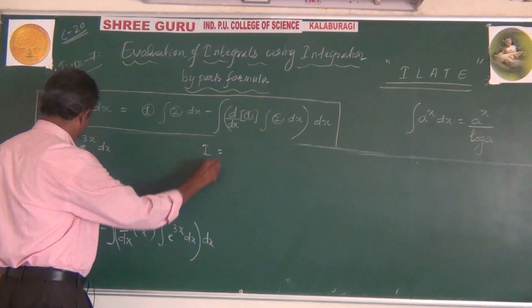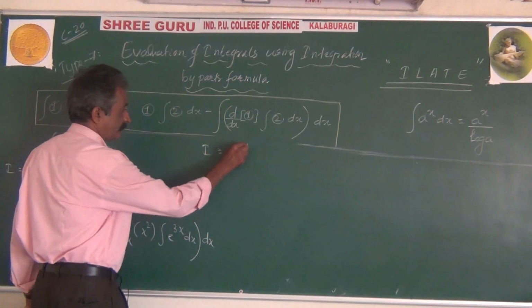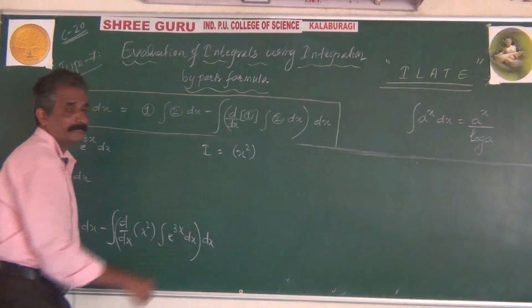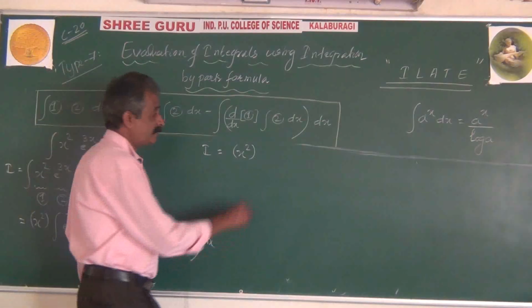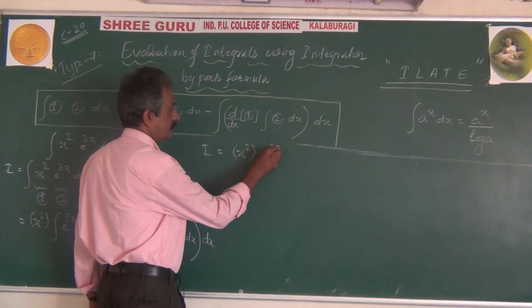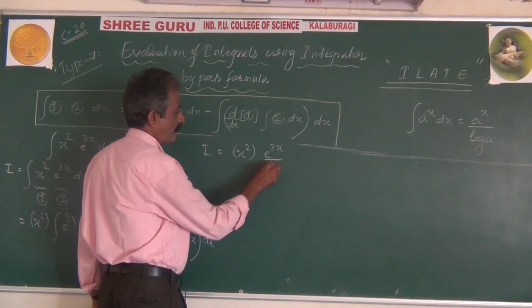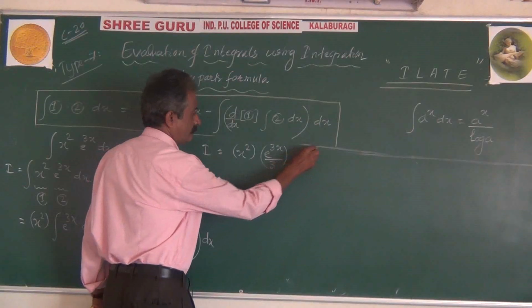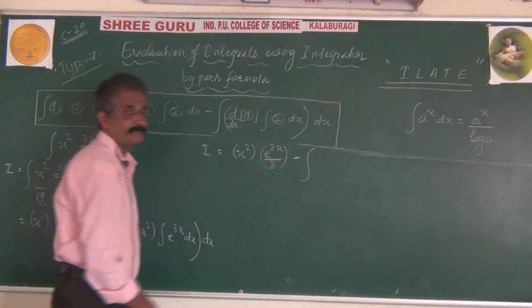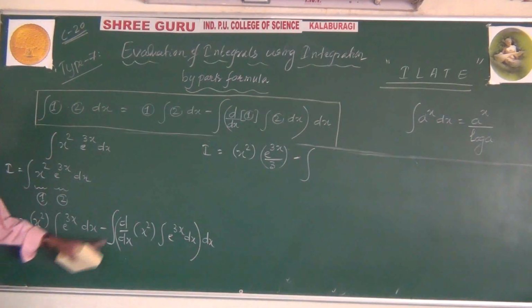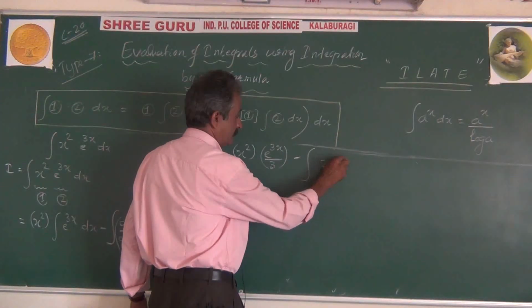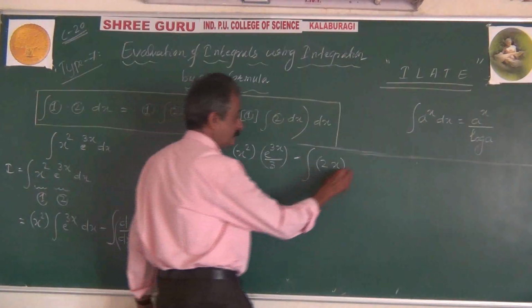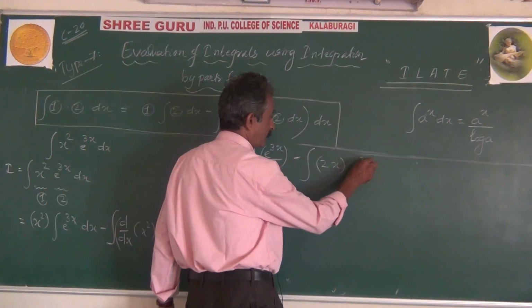I equals x square into integration of e power 3x, which is e power 3x divided by 3, minus integration of differentiation of x square, 2x, into e power 3x by 3.